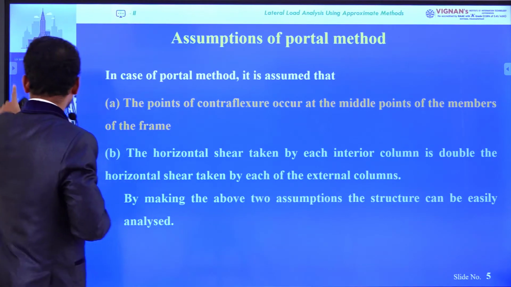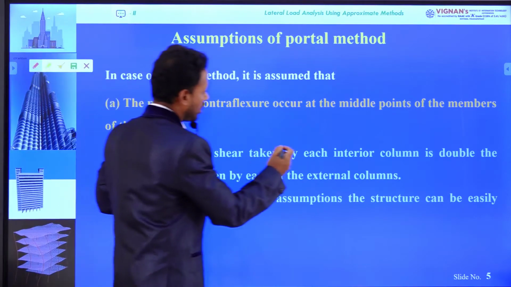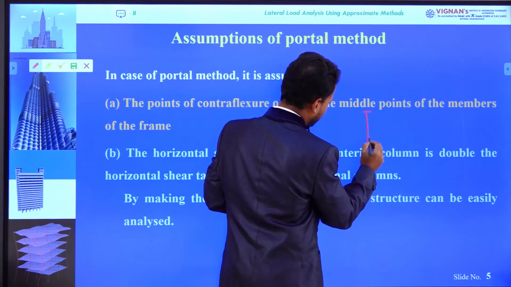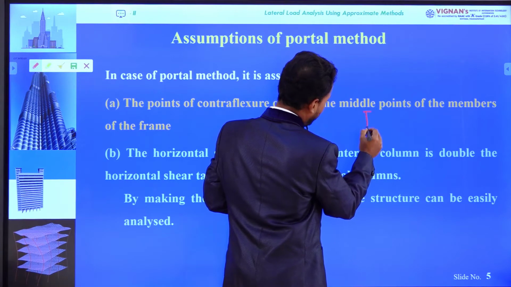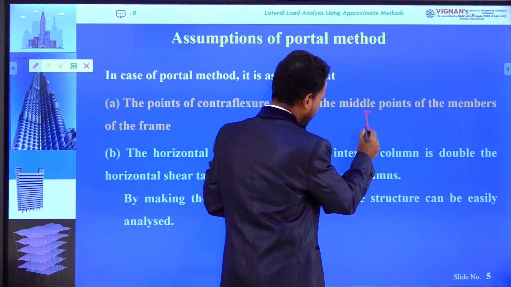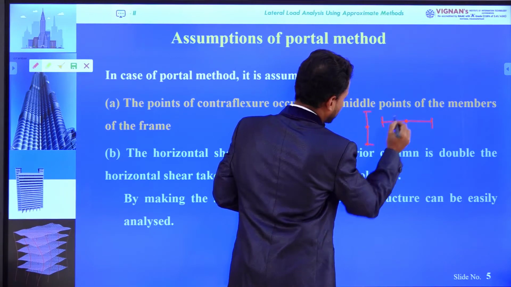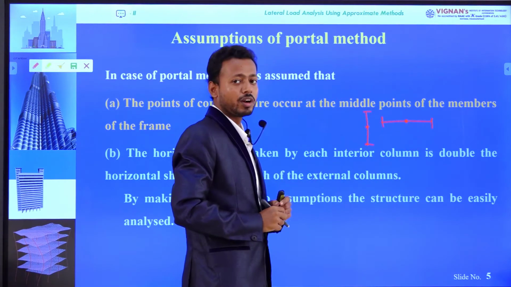That means if you draw a vertical member, with supports at the ends, the point of contraflexure will occur at the middle point of the column. In the case of a beam also, the point of contraflexure will occur at the midpoint of the member, right?